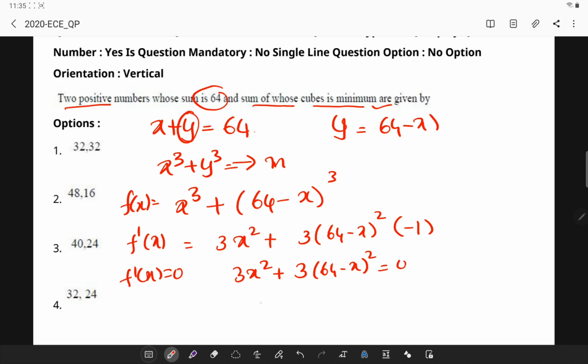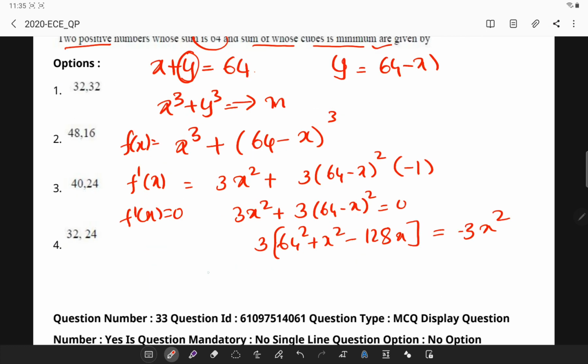Or I can write it as 3 into 64 square plus 3x square minus 3 into 128x, which is 384x, or I can simply cancel the 3x square here.